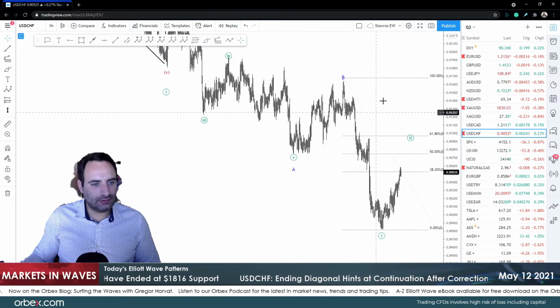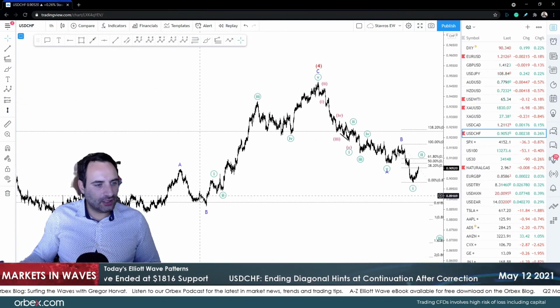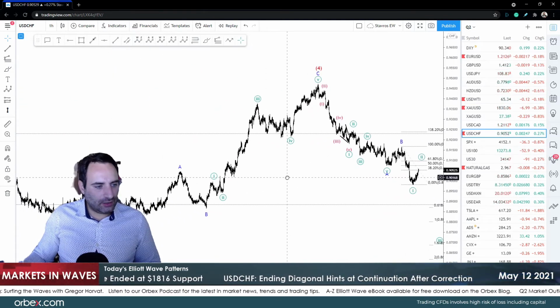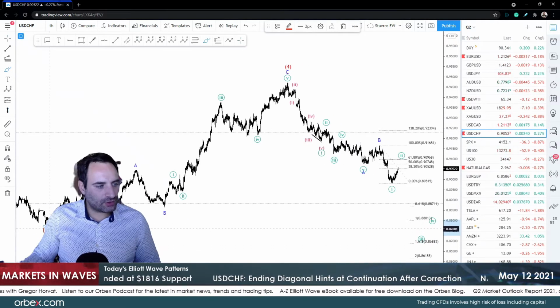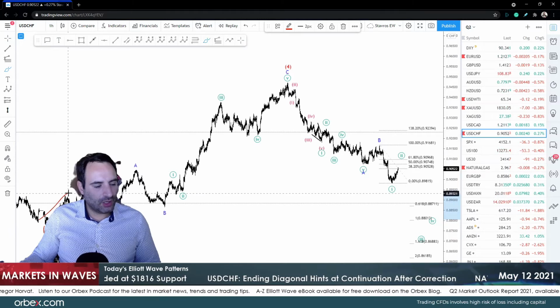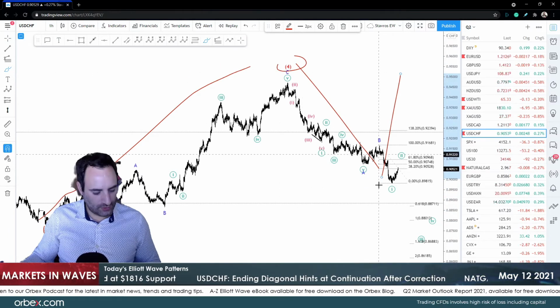Now on dollar against the Swiss franc, I made a change here because we're looking at a reversal down there, if you remember. That was supposed to be wave 3, and that was supposed to be wave 4, and then continuation to the upside.